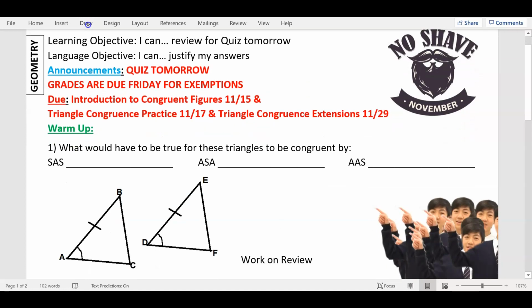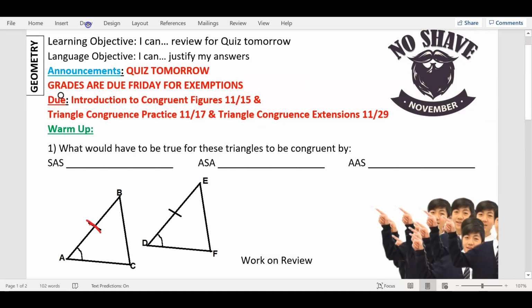Okay, so for this to be SAS, here's my side, here's my angle. So I would need, right here, a side, right? I want the tick marks here. I want the tick marks here. So the question is, what is this and this named?